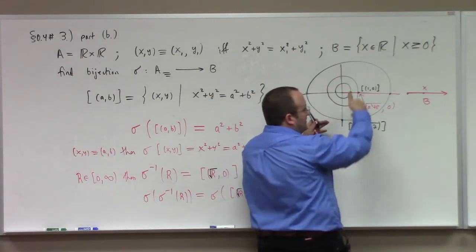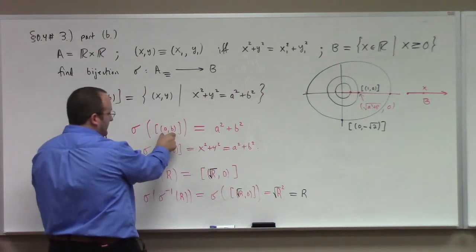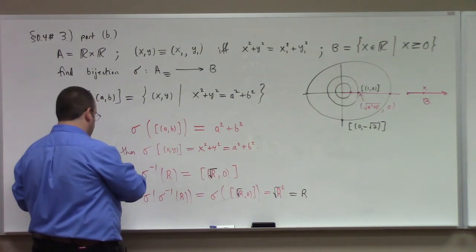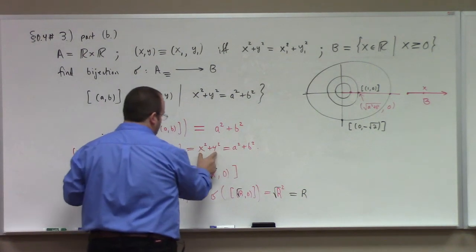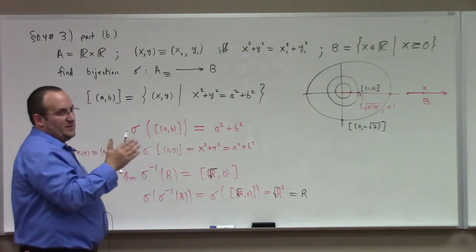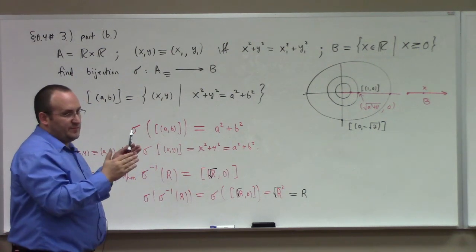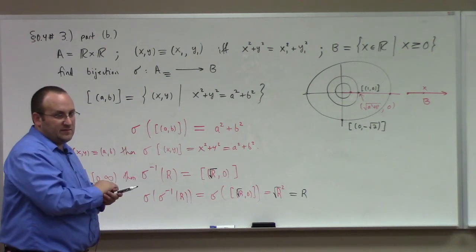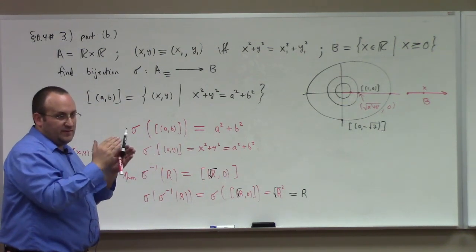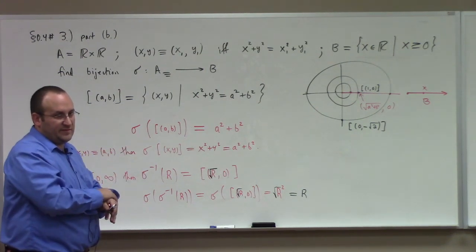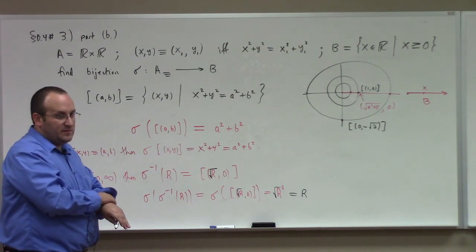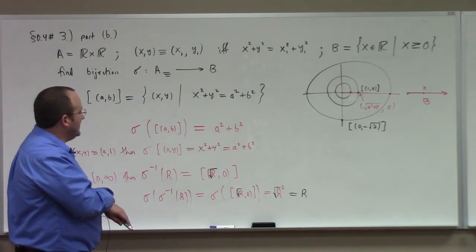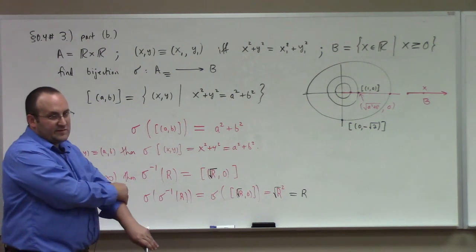There's great ambiguity in this a and b, but the circle has radius squared a squared plus b squared, and that's unambiguous, even though the point which generates the circle is ambiguous. So finding this bijection has something to do with finding a unique representative for each equivalence class.